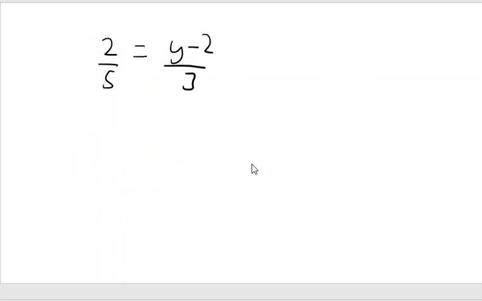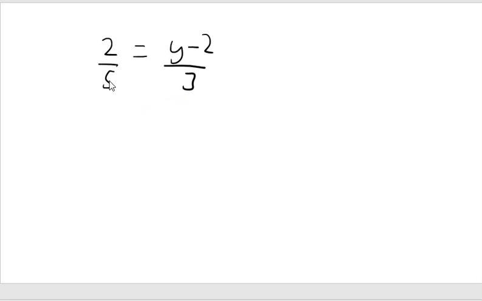Okay, now I'm going to take this same problem and show you another way that you can do this. One of the ways that you can solve equations when they have fractions is by eliminating the fractions. To do that, you find a common denominator for all of the fractions, and then you multiply every term in the equation by that common denominator.